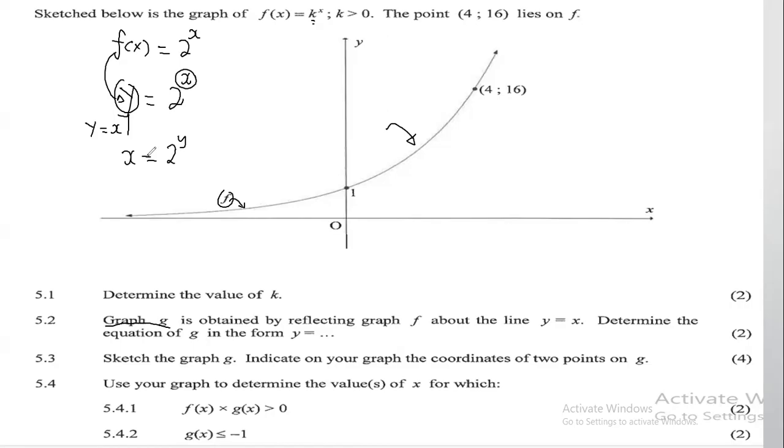So the equation of g. Remember, I'm trying to find the equation of g by reflecting f along y equals x, which means swapping x and y. So I have x equals 2 to the exponent y.